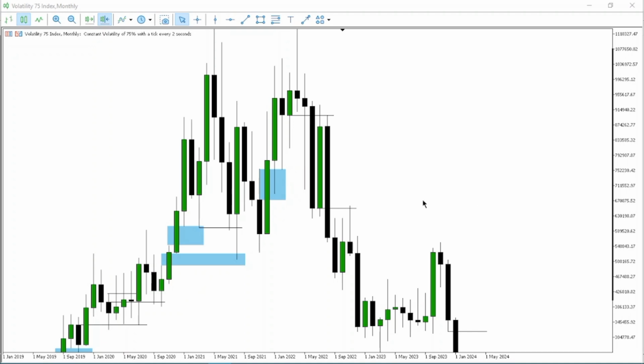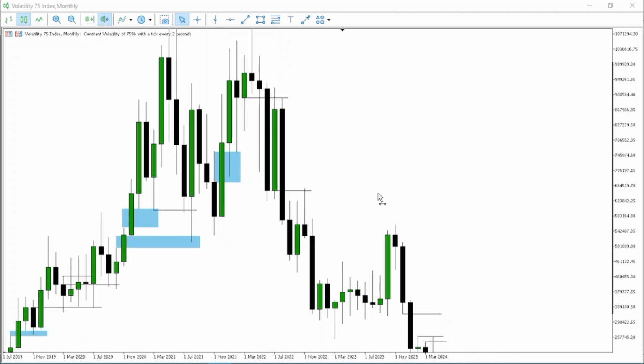Now, you may not be a long-term trader, but even if you're a short-term trader, you still need the high time frame direction in order to be right about your short-term one, essentially, to have higher odds of being right. You need the higher time frames.